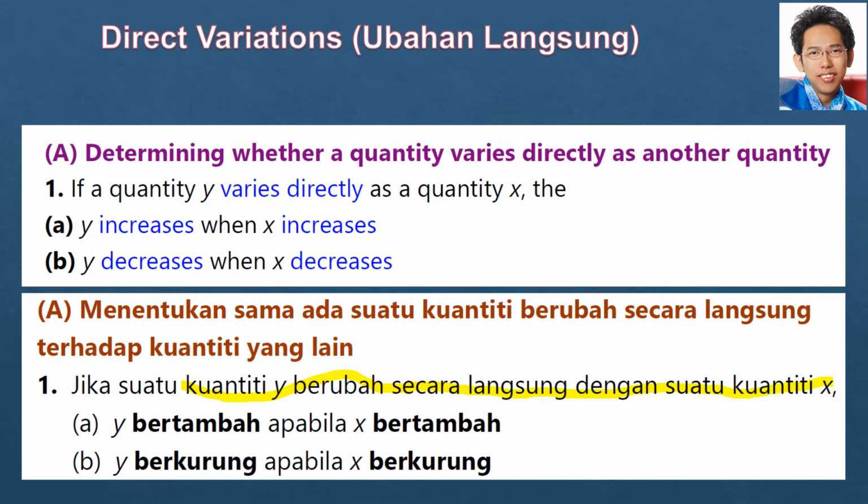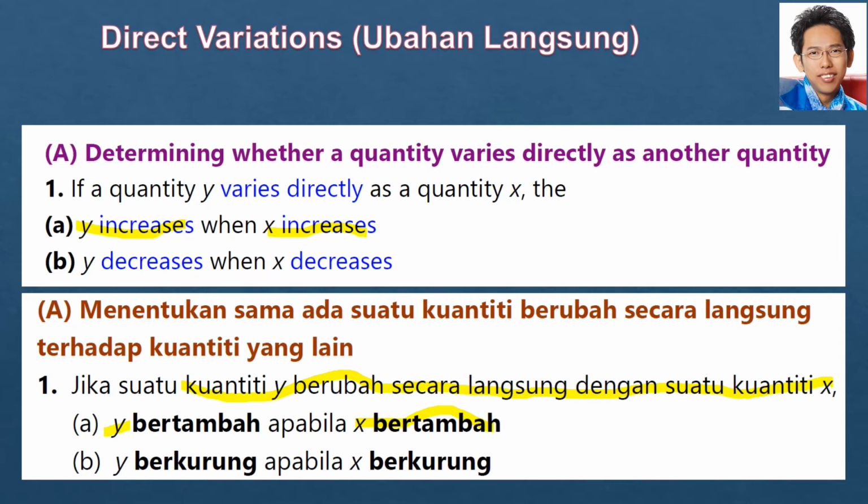Okay, so meaning to say if y increase, y bertambah, the other one also increase. So this one we call direct. Direct meaning if there are two quantities to varies, if one is increased, the other one is also increased. We call direct.